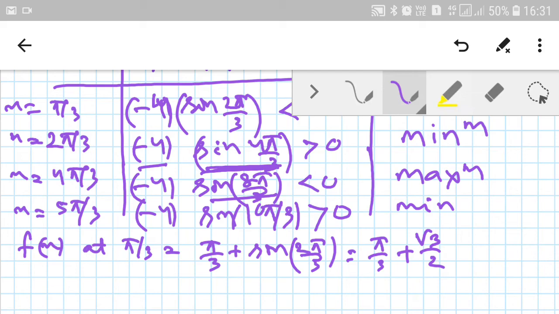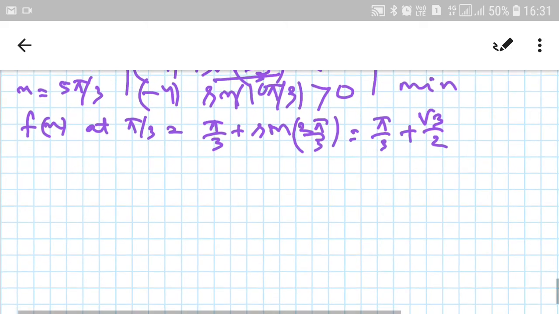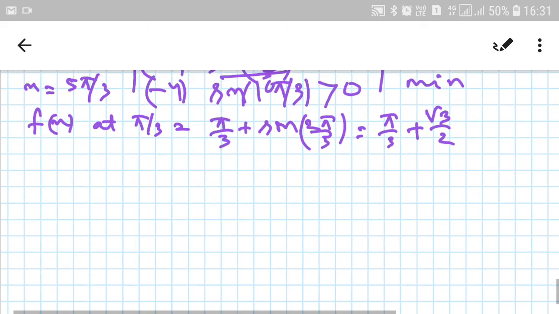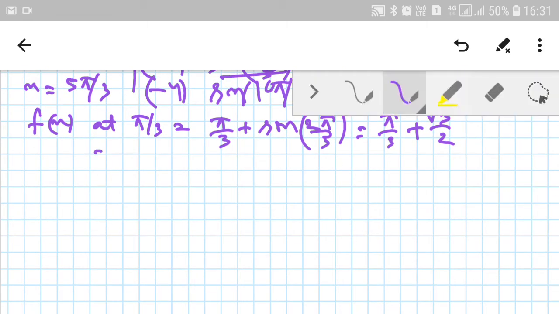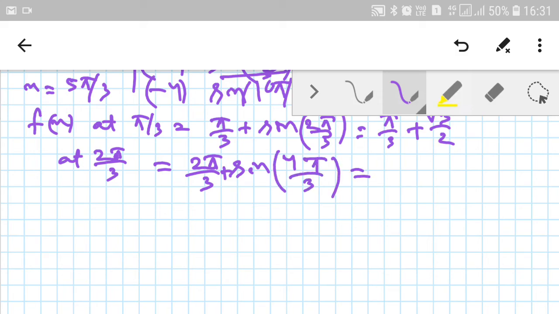Similarly at 2 pi by 3, let me find the values. At 2 pi by 3, the value goes like this. This will be 2 pi by 3, then sine, it will be 4 pi by 3. Again this one is 2 pi by 3 and minus, again sine pi by 3, it will be negative obviously because pi plus pi by 3, so it is negative, hence it will be negative of root 3 by 2, right?